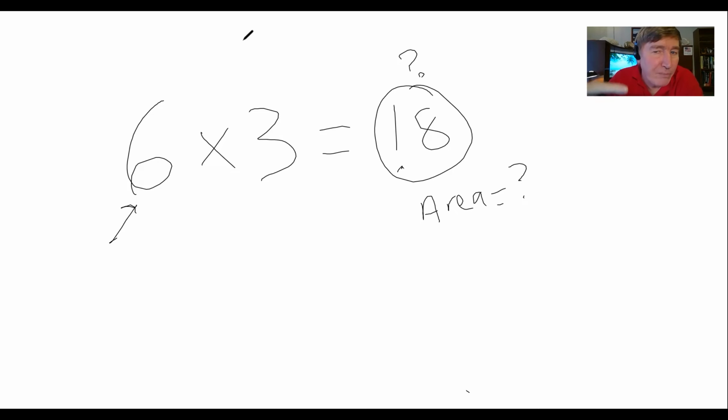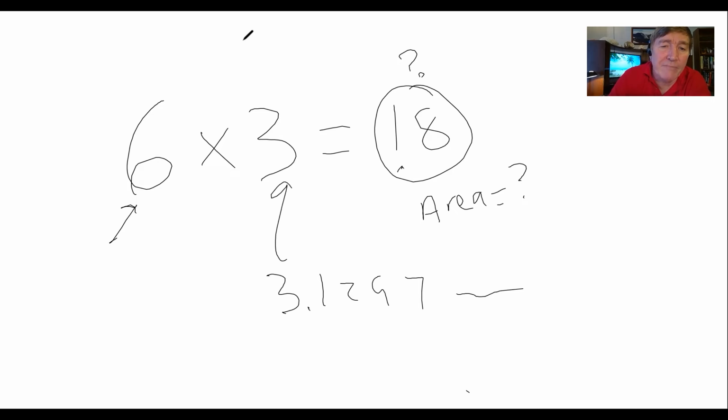If you were to measure it more carefully, you might find that it's really 3.1297 blah blah blah. Okay, but you just rounded it off to 3. Or it might have actually been 2.8317 whatever, but you just rounded it off to 3.